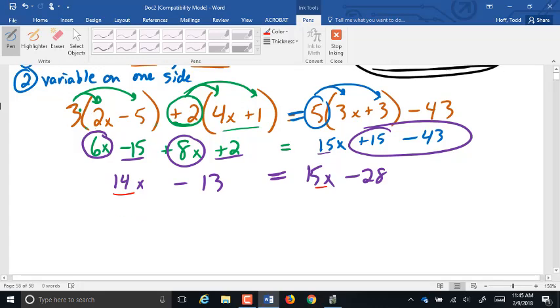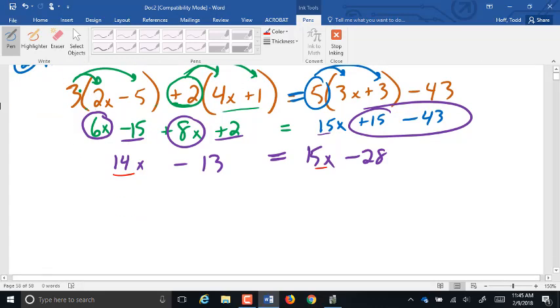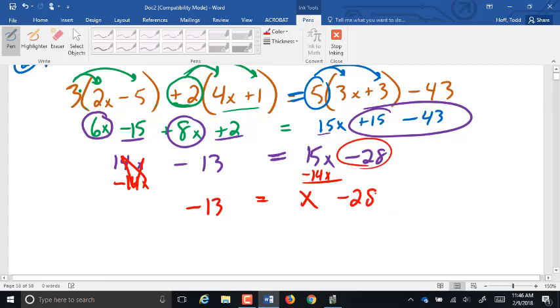Getting rid of the smaller one will be the 14x. To get rid of it, we will subtract 14x. That's gone, leaving us with negative 13. And on the other side, we have to take away 14x as well. We'll take it away from the 15x, which gives us 1x, or just x. And we do have to remember we still have the negative 28.